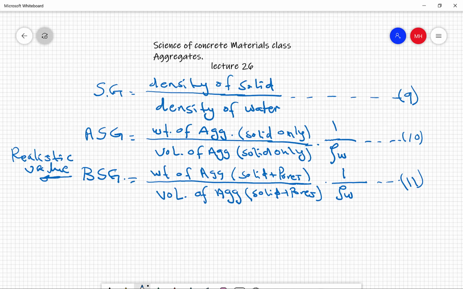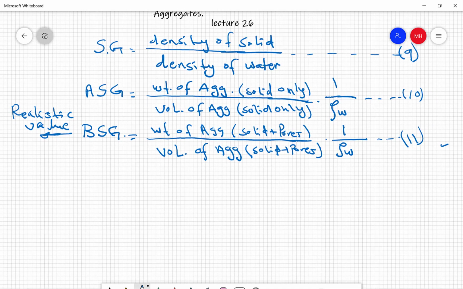If we go back to equation 11, it can be rewritten with the denominator expressed differently, which is basically the water displaced.